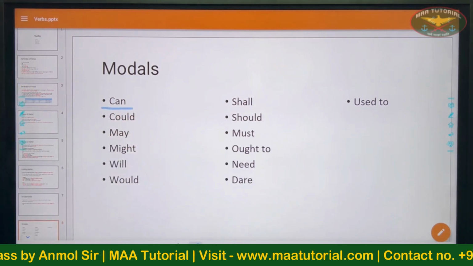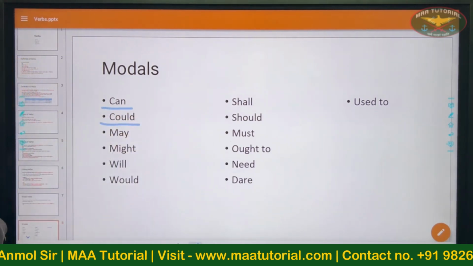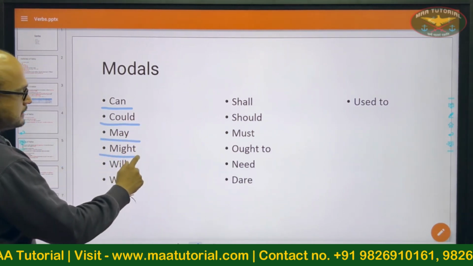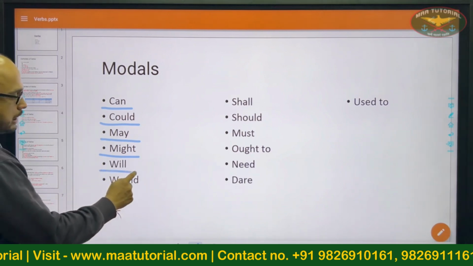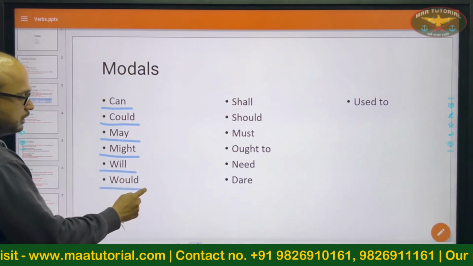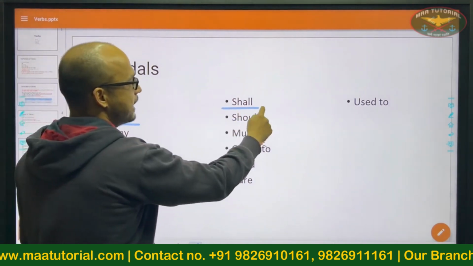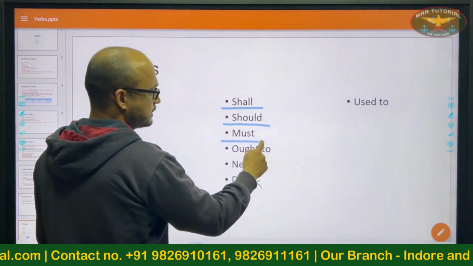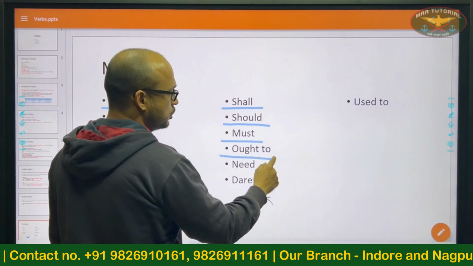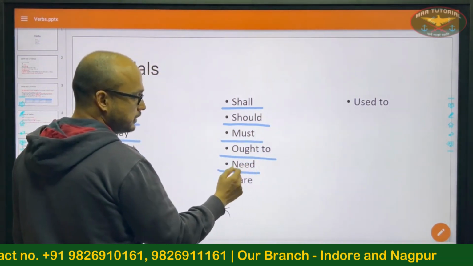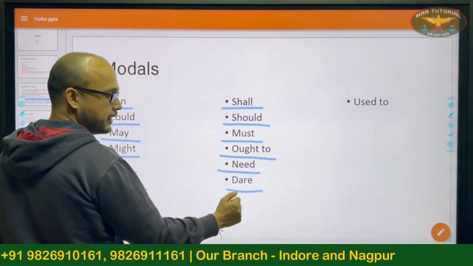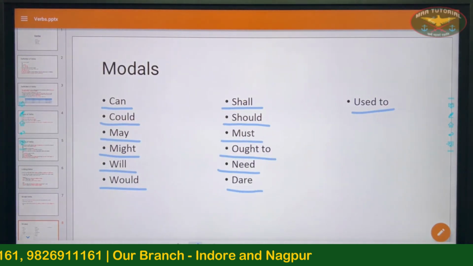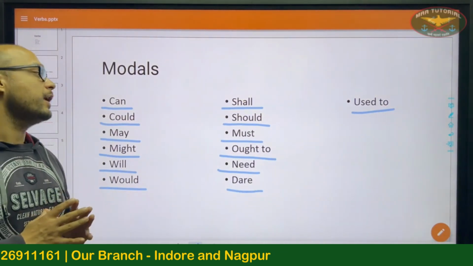Can, could, may, might, will, would, shall, should, must, ought to, need, dare, used to. Now we will dig further into these 13 kinds of modals and figure out what they are used for and how.